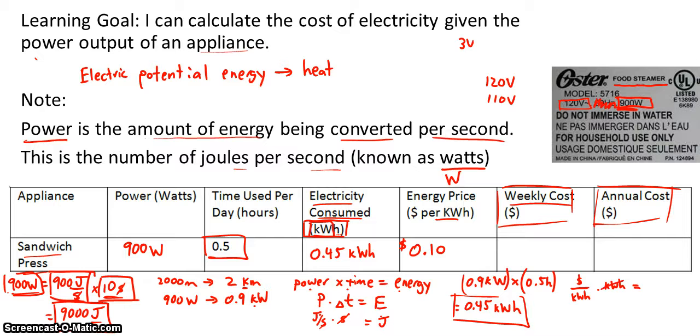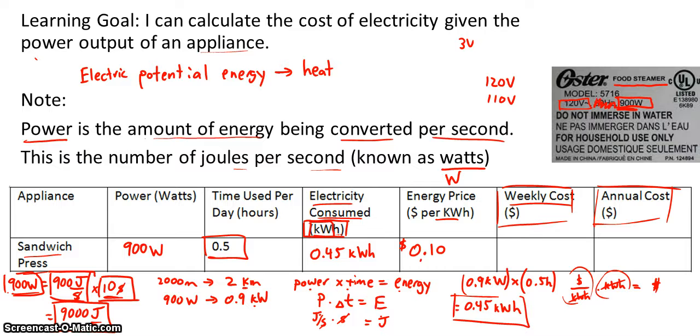And that tells me, look at my units, if I cancel, that tells me how much money it's going to cost me. So for that one day, I would multiply 0.1 times 0.45, and that would tell me how much money it would cost just to use it for that one day.